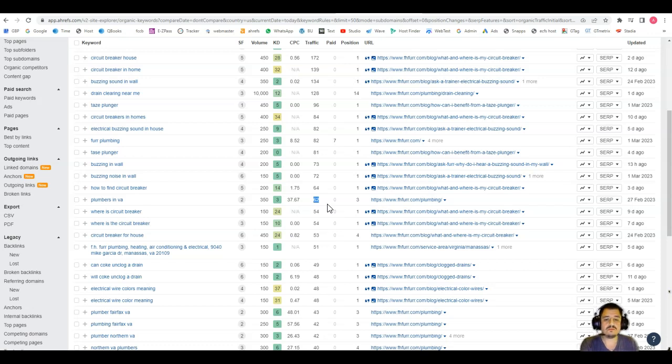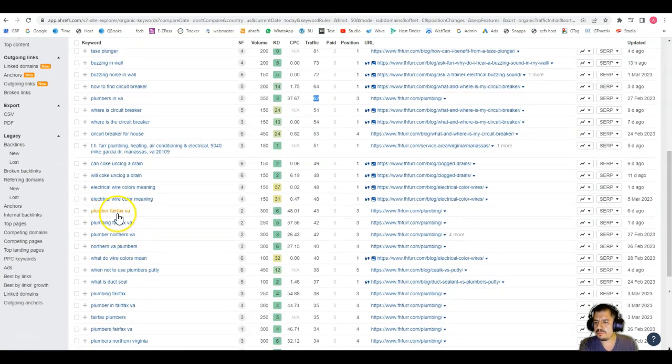If you ask me, those are 62 chances every single month to get a client for this specific keyword. And if you were running Google Ads, the average minimum cost per click would be $37, just to give you an idea. Let's scroll down. Plumber Fairfax VA, 300 searches a month, and because they're ranking number 3, they get another 43.